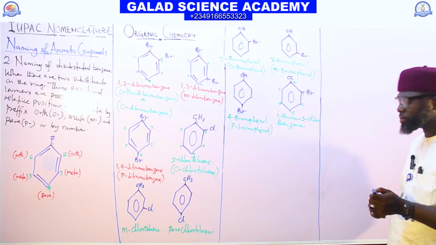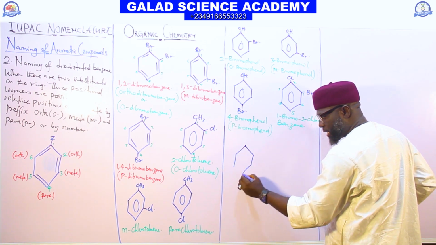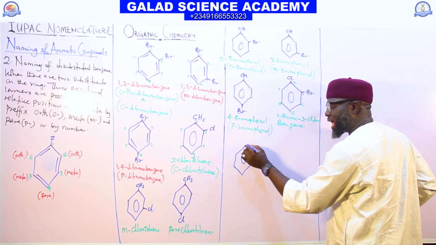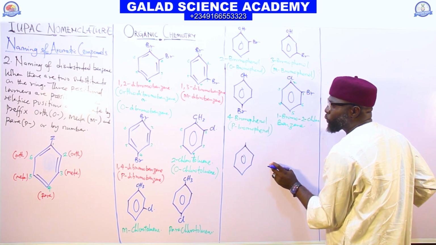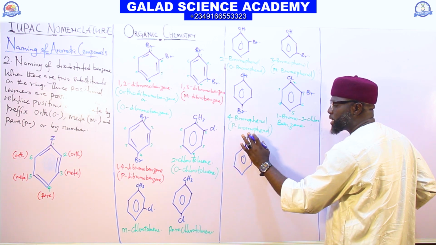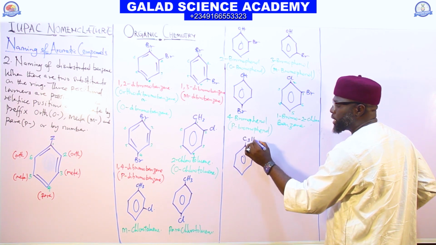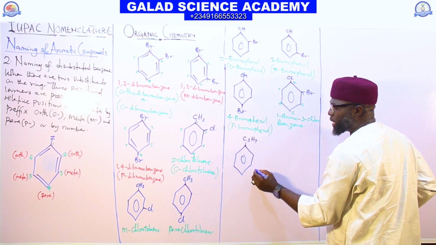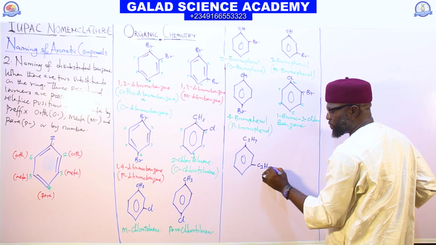Should I give you a compound you help me to name? If we have a benzene ring like this, it will now attach to, let me say we have C3H7, and at this side we have C2H5.